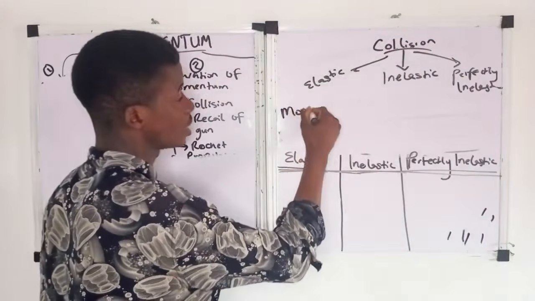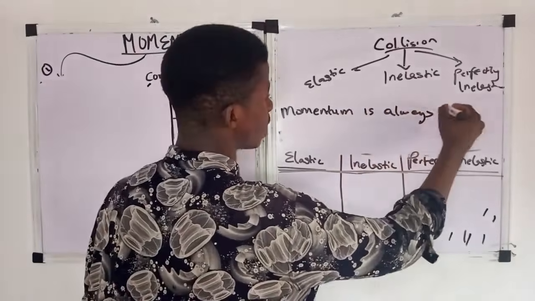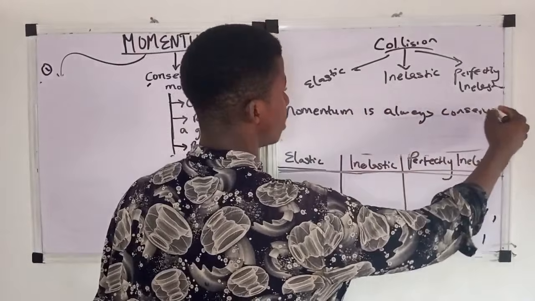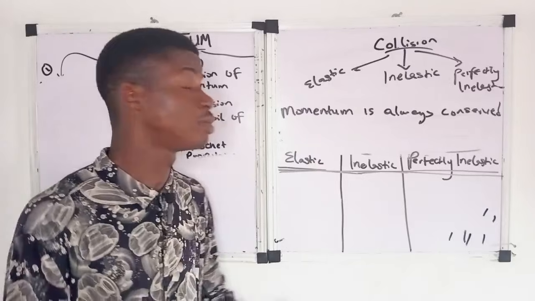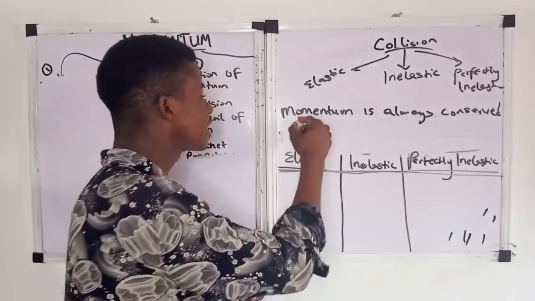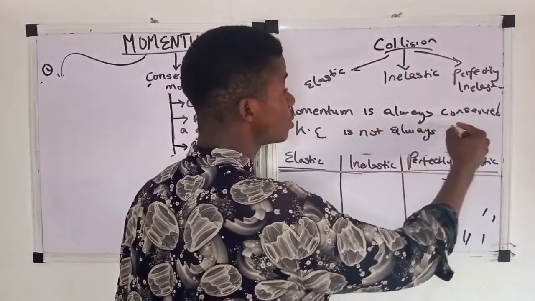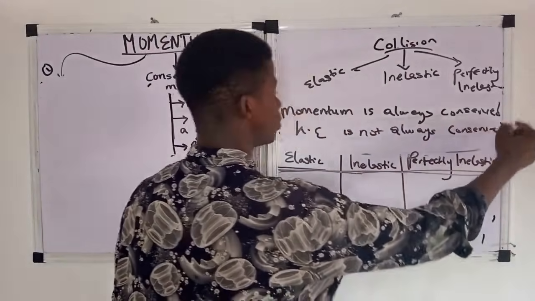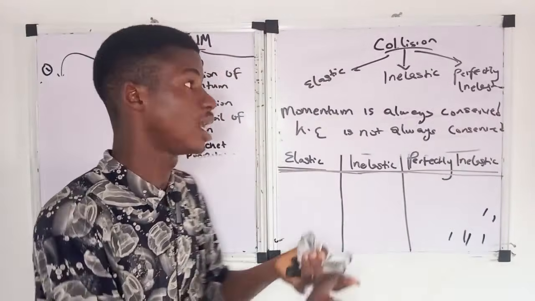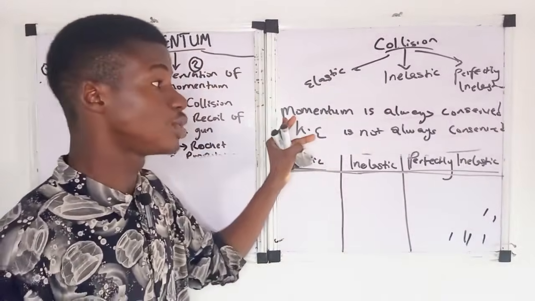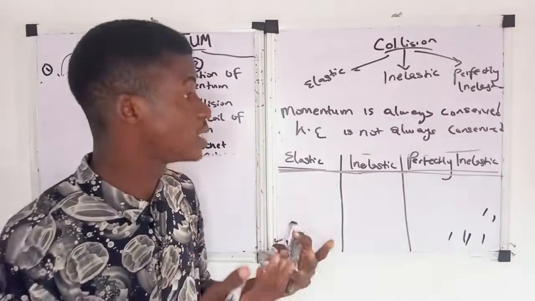Momentum is always conserved in all types of collision, but kinetic energy is not always conserved. In any of them momentum is conserved, but kinetic energy is not always conserved.